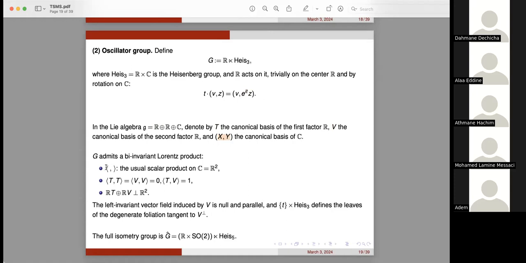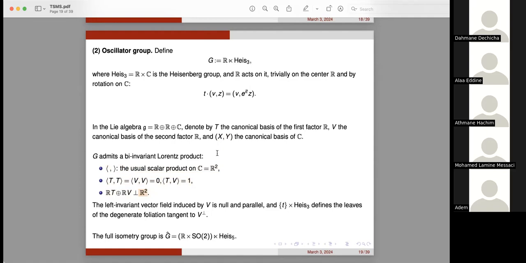And I consider this Lorentzian scalar product on the Lie algebra. So I make T and V both isotropic with their scalar product equal to 1, and the subspace generated by T and V is orthogonal to R², the supplementary of the center in Heis.